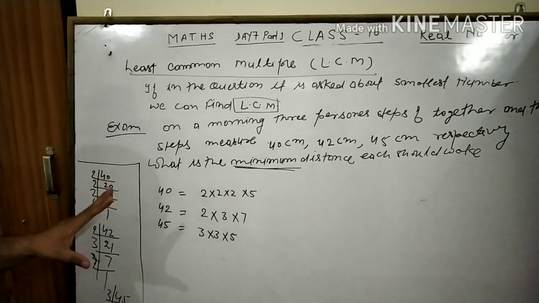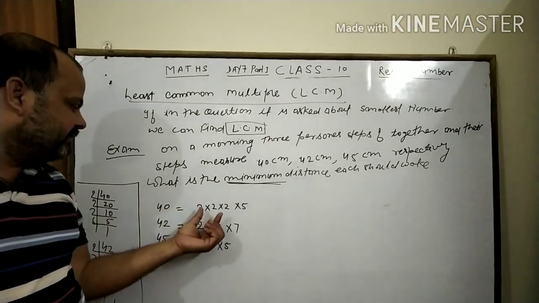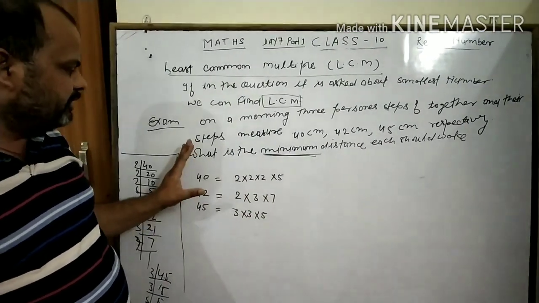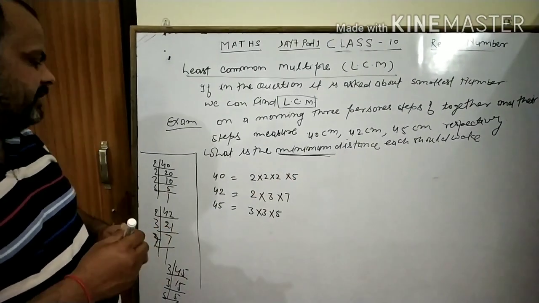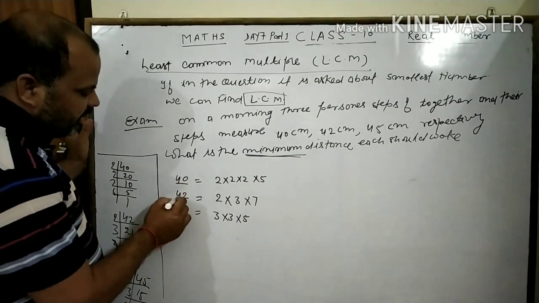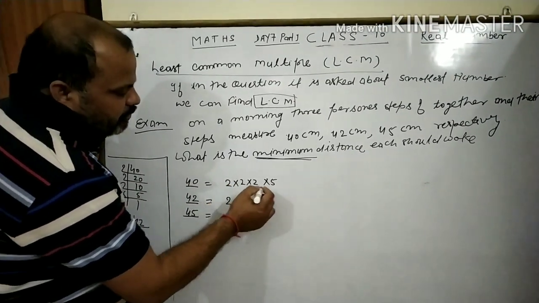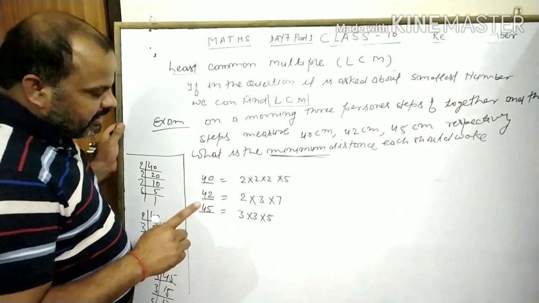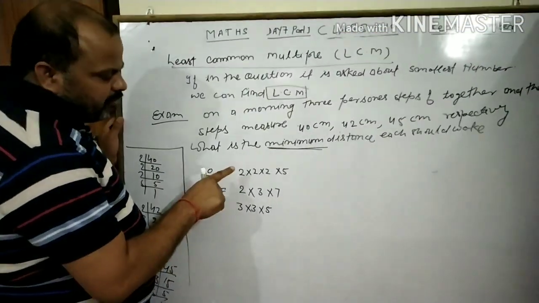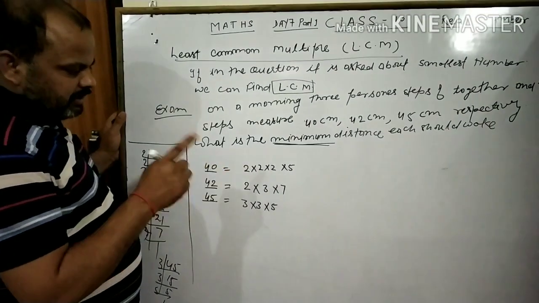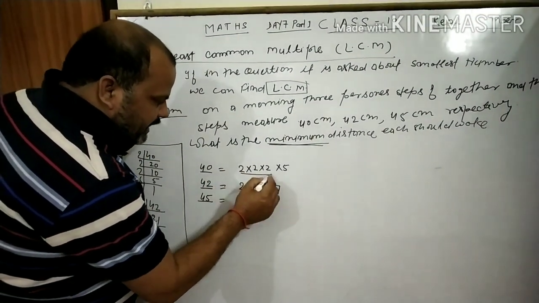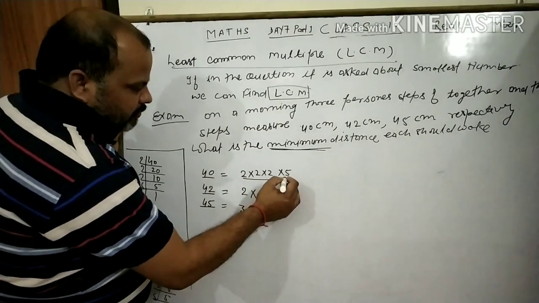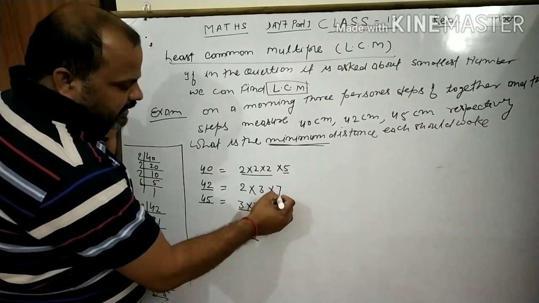Here we write each number's unique prime factorization. It means with the help of the fundamental theorem of arithmetic, we can write every number with its unique prime factors, and then we can find the LCM. We select the factor that comes the maximum number of times. Here 2 appears 3 times, 3 appears 2 times, 5 appears 1 time, and 7 appears 1 time.